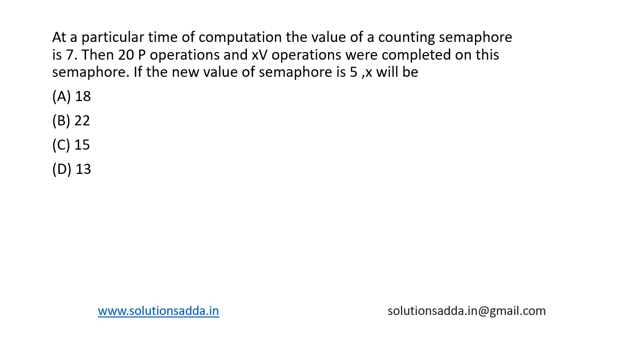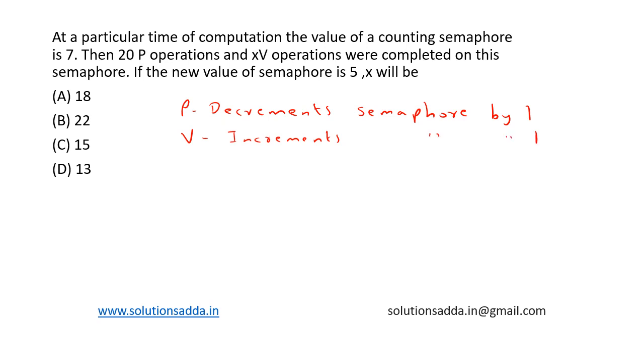Let's understand what P and V do. P decrements the value of the semaphore by 1, whereas the V operation increments the semaphore by 1. Now based on this concept, initially the value of the semaphore is 7.